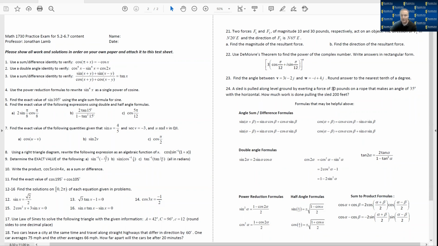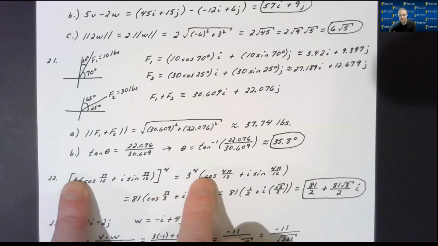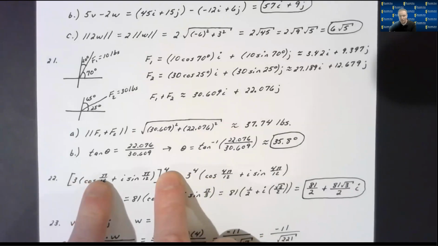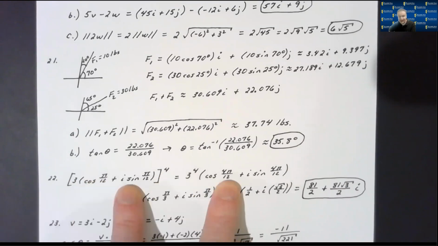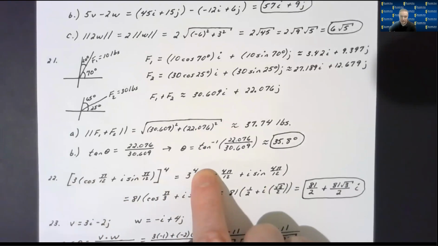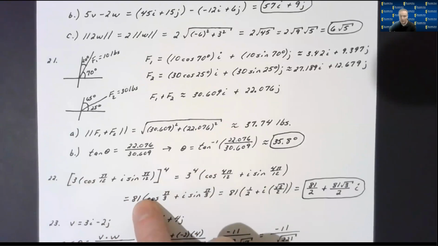So if I have the complex number 3 times the group, cosine pi over 12 plus i sine pi over 12, raised to the 4th power, then all I have to do is raise 3 to the 4th power, and inside my group, it's going to be the cosine of n times the angle. In this case, that's 4 times the angle. Pi over 12 gives me 4 pi over 12, plus i sine of 4 pi over 12. Now, 3 to the 4th power is 9 times 9, 81.